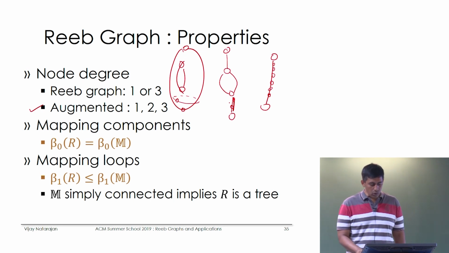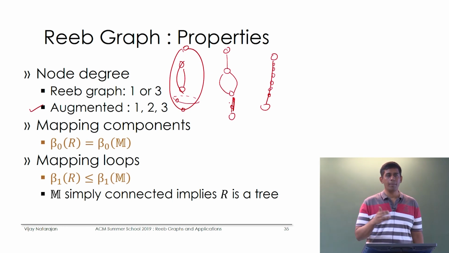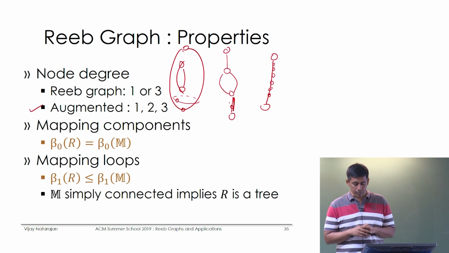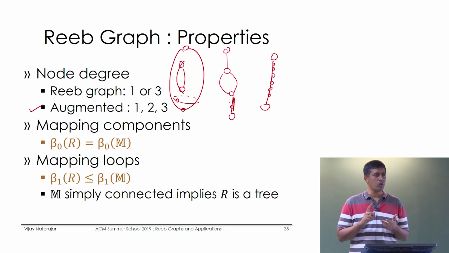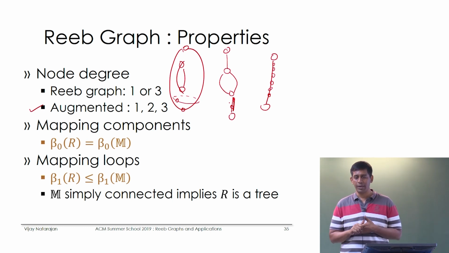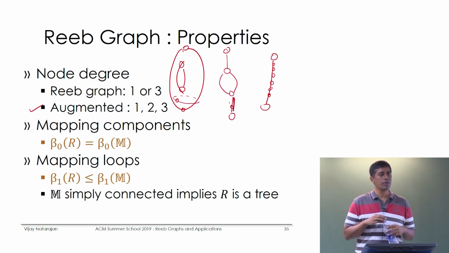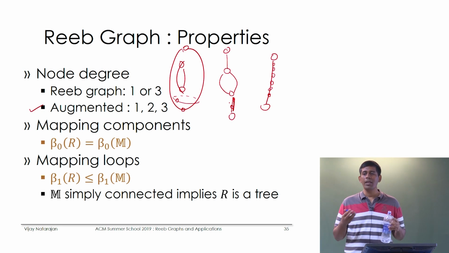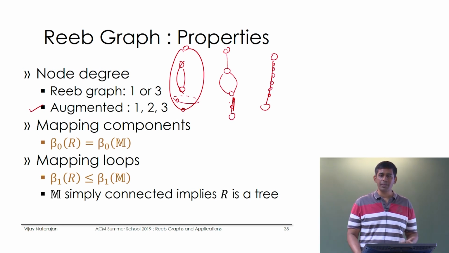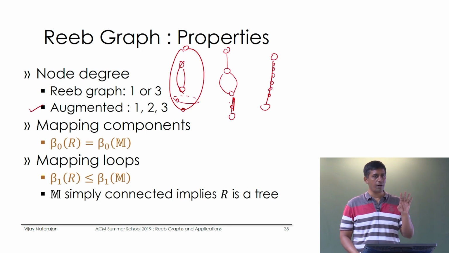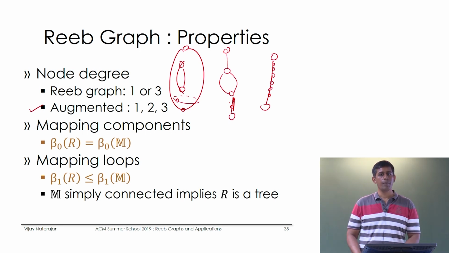Okay. So now a little bit about other properties of the graph. We know what the nodes correspond to, what the arcs correspond to, what the node degrees are. How many components will the Reeb graph have? As a graph, how many connected components does it have? Remember that this is a map from the domain using this quotient topology.